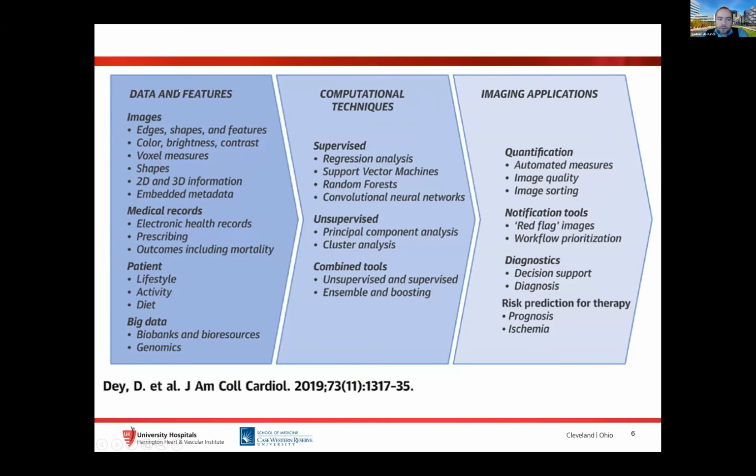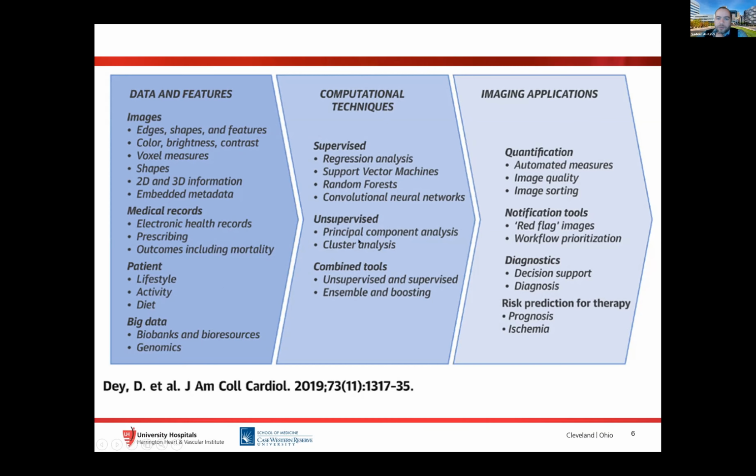So basically you have imaging data, from which we can acquire edges, shapes, features, also color, brightness, and other what we call radiomic features. We have electronic health records, which include prescribing and lab data, and patient-generated data, which include diet, activity, and lifestyle. In some situations we have additional genomic and transcriptomic data.